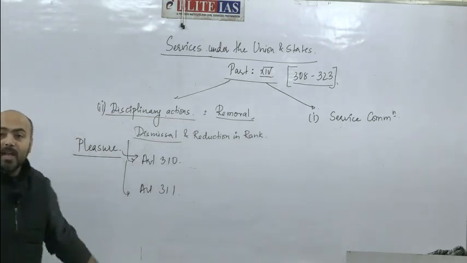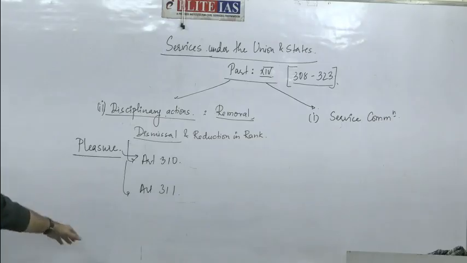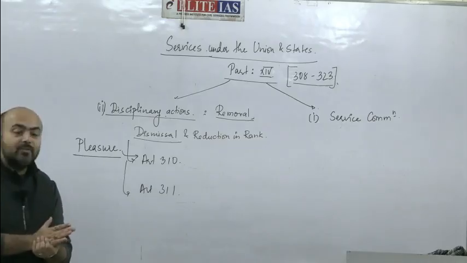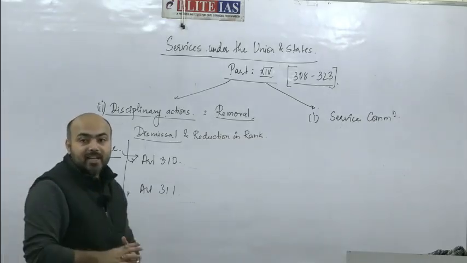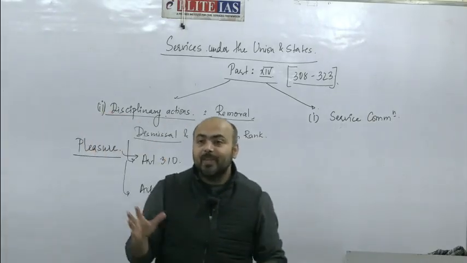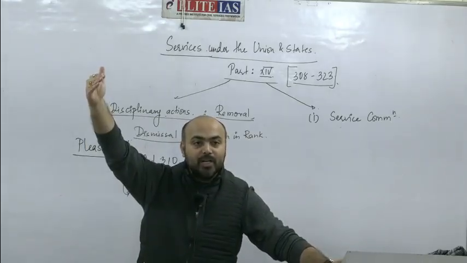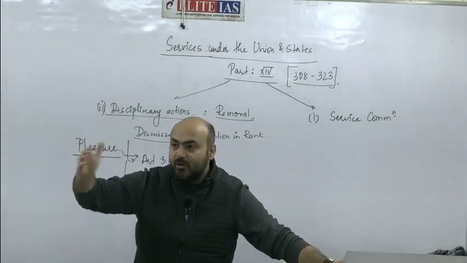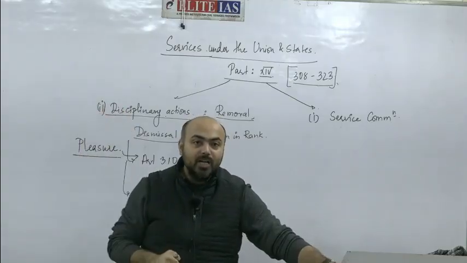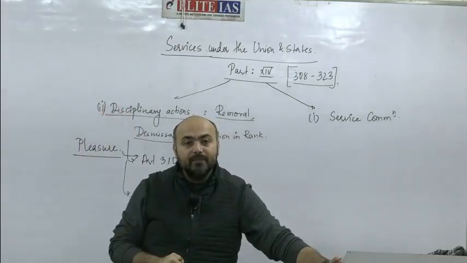The problem is Article 311. Article 311 says if you are to be removed from service, dismissed from service or reduced in rank, it will be done by whom? By the president. That is, not by an authority subordinate to the appointing authority.